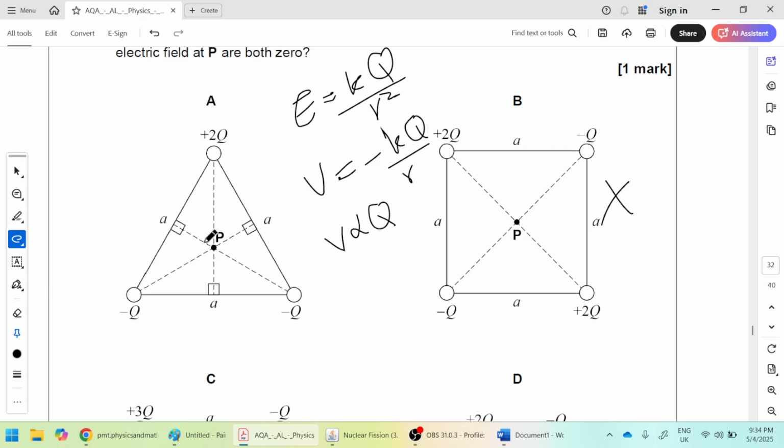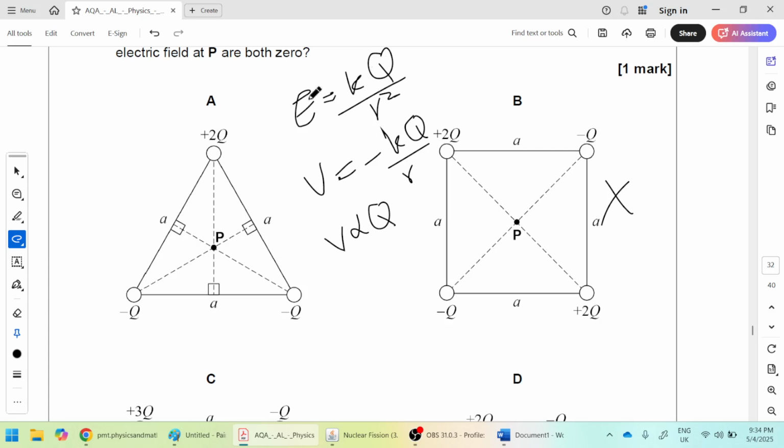Looking at E, you can see E is proportional to Q also, as the radiuses are equal, the separation from here to here, here to here, and here to here. Actually, for the other one also I should have mentioned V is proportional to Q only if R is constant. Here, this is constant, this is constant. All three are the same, equidistant.